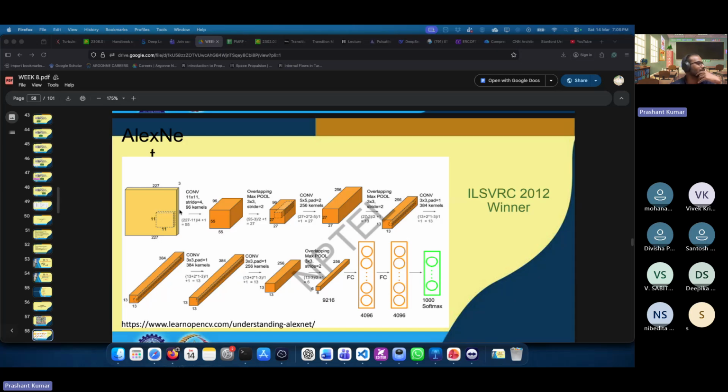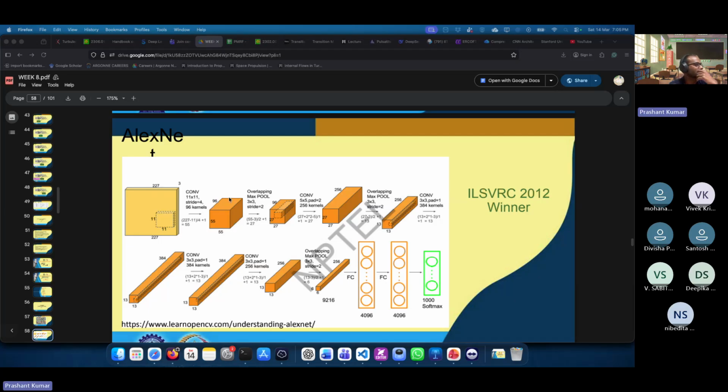These are the simple way of representation, so we will go through the simple mathematics. You can see that my kernel size is 11 cross 11 cross 3. Then we do this convolution and we are averaging over the RGB, so that's why we are not saying cross 3 here. But when you define it in code, you will have to tell that this convolution will create one output for one kernel.